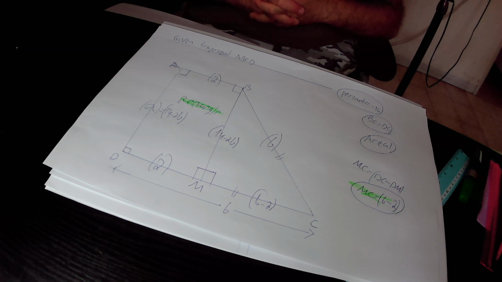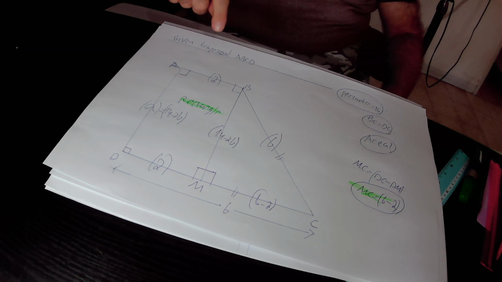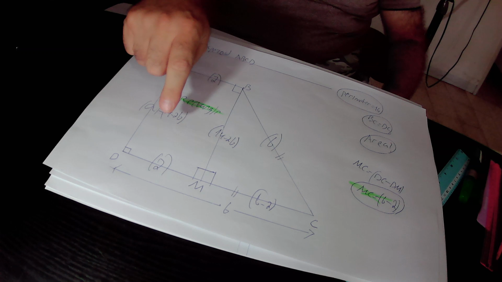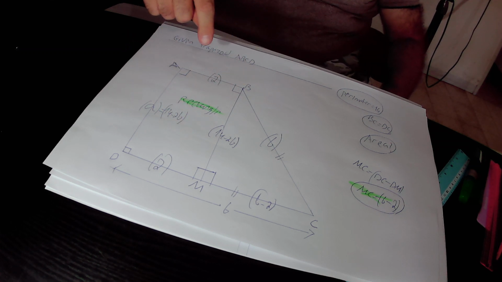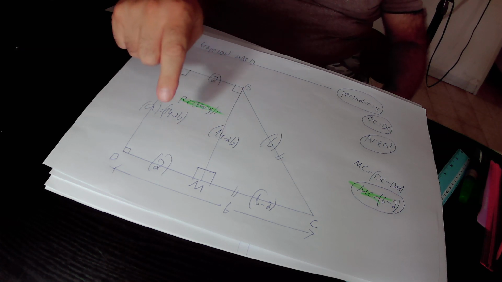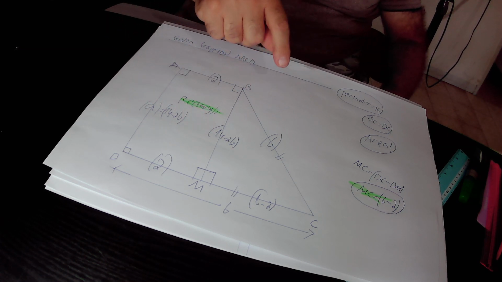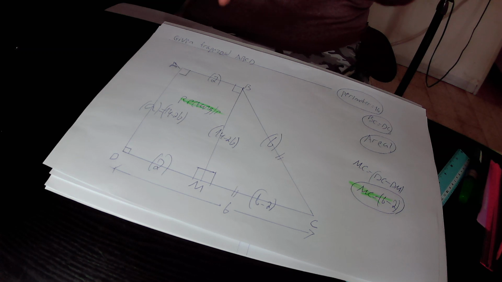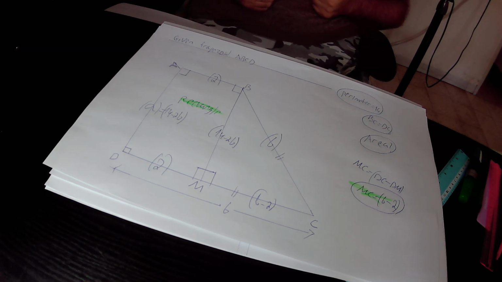That is to say, the sum of the 4 sides, AB plus AD plus DC plus BC, is equal to 16 units in total.